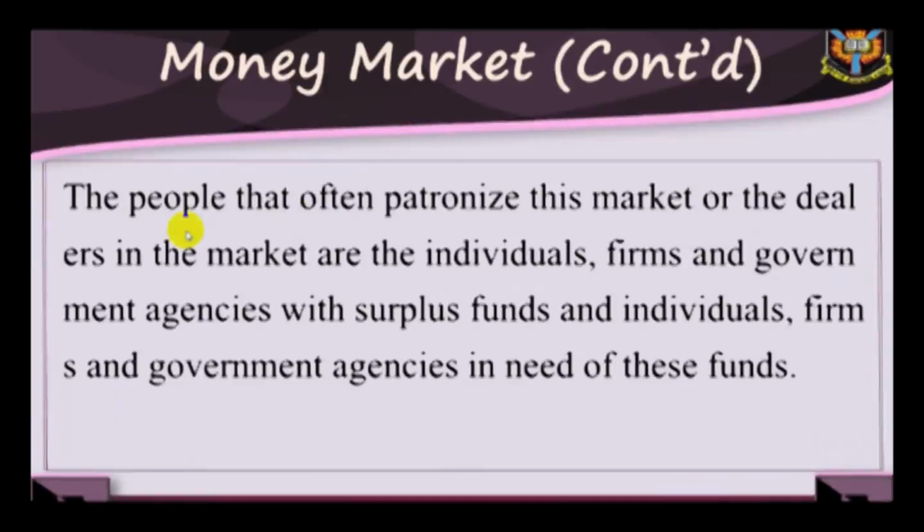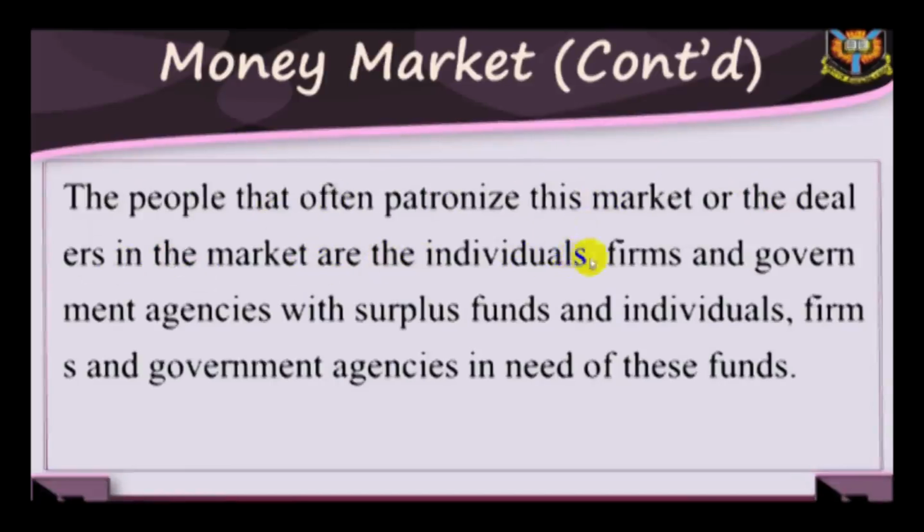Although the activities in this market could be concentrated in a particular area, such as Broad Street in Lagos, Nigeria, Lombard Street in London, and Wall Street in New York, the United States, the transactions are impersonal, which mostly are through telephones and internet.